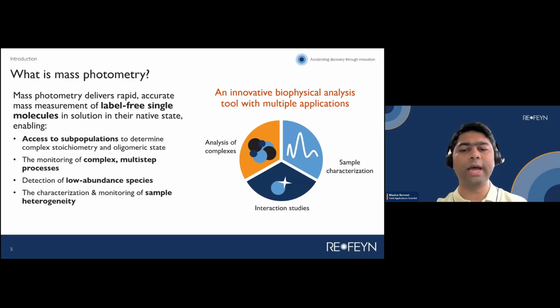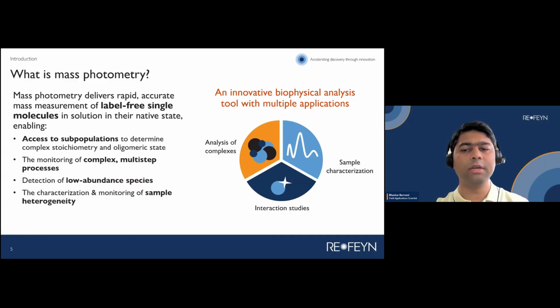It also means that it is possible to study interactions and even complex multi-step processes. Furthermore, single molecule counting over a wide mass range enables the detection of low abundance species and the characterization and monitoring of sample heterogeneity.